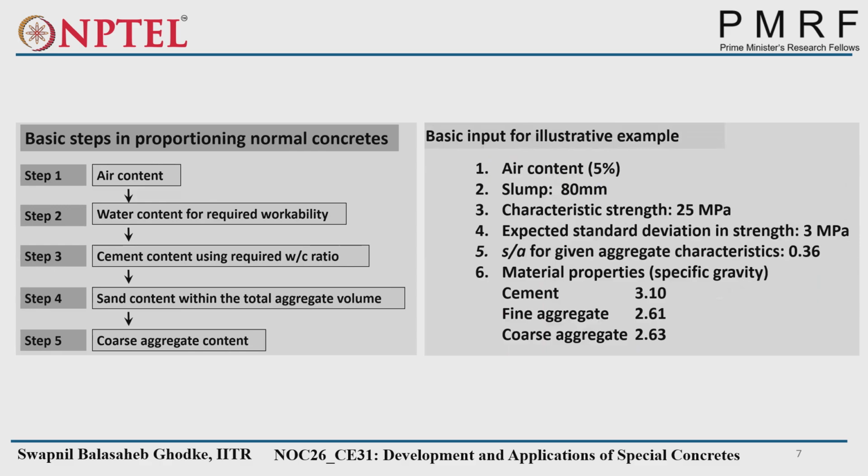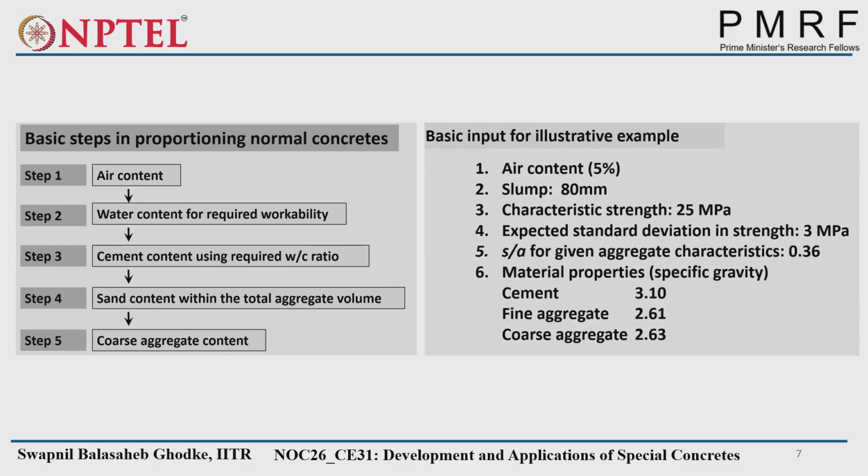So approximately 30 MPa we have to design the concrete. So the design strength is 30 MPa. Slump value we got, air content 50 liter. Then we have the sand to aggregate ratio, that is 0.36, and other material properties: cement specific gravity 3.10, fine aggregate 2.61, and coarse aggregate 2.63.